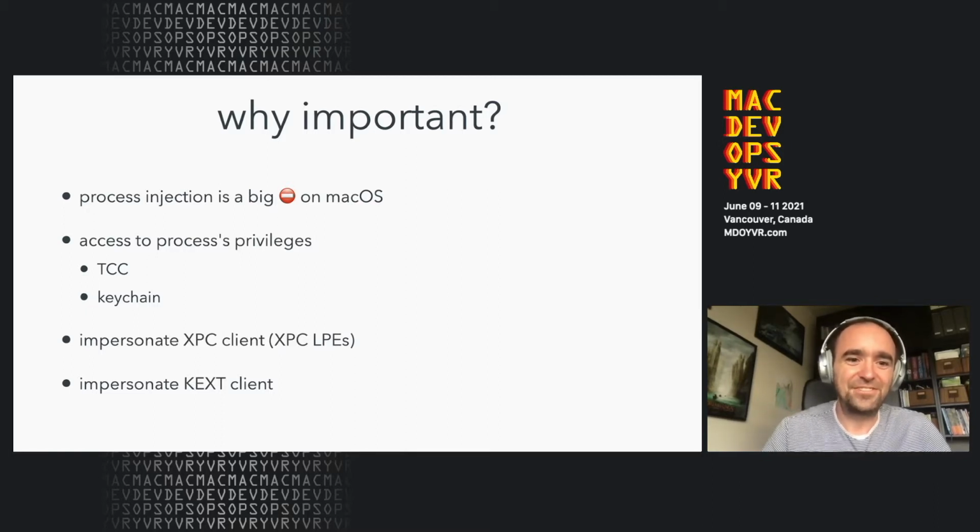For example, if we can impersonate a process, we can maybe access privacy-related settings. If that application is authorized to access our microphone or documents, we can access those too. We can access the keychain. We can maybe impersonate an XPC client and escalate our privileges, and so on.